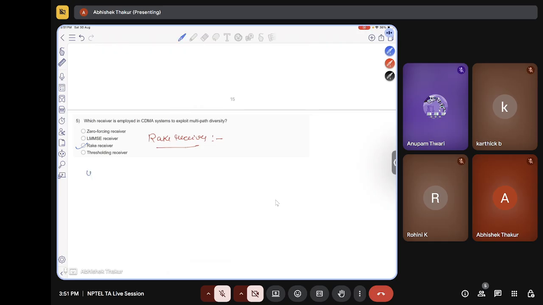Let's suppose y n is a received symbol that is given as h0 x n. So h and x is the convolution matrix. So we can write h1 x n minus 1 plus h of l minus 1 x of n minus l plus 1 plus w n.